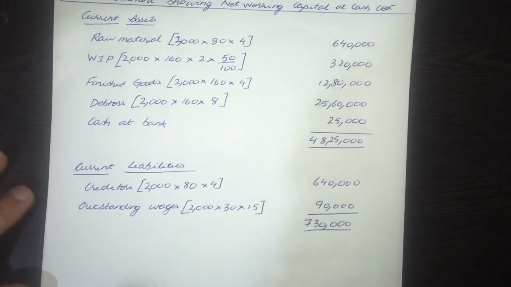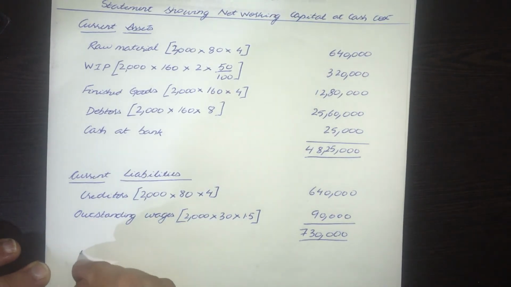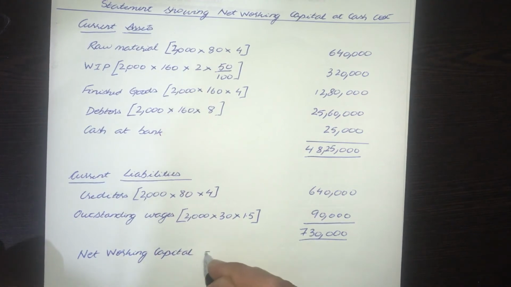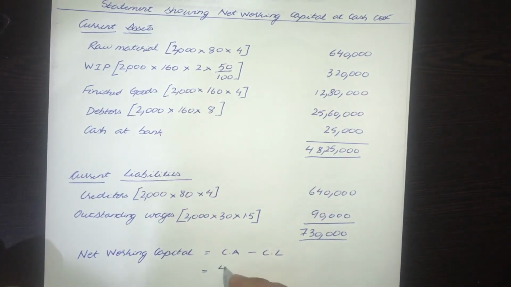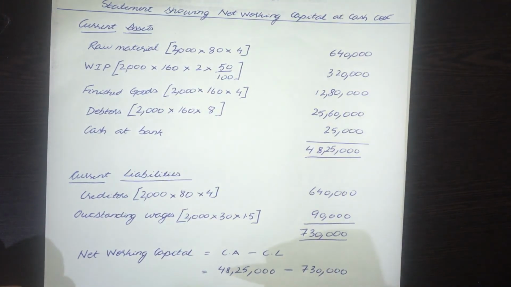So therefore, your net working capital is equal to current assets minus current liabilities, which equals 48 lakhs 25,000 minus 7 lakhs 30,000, and that works out to 40 lakhs 95,000.